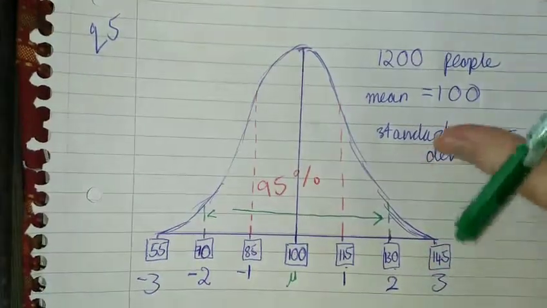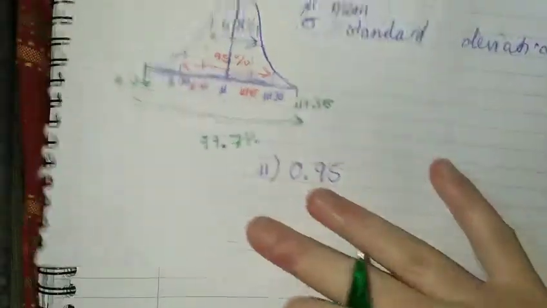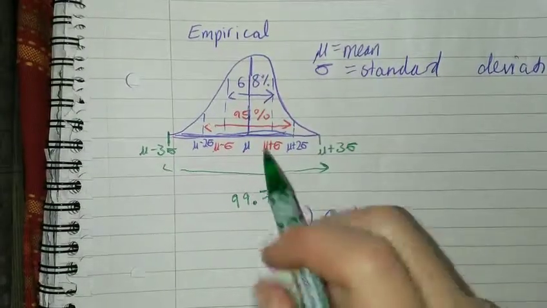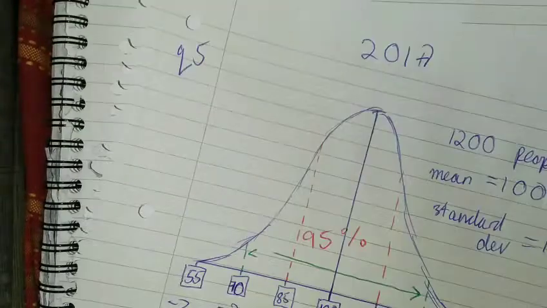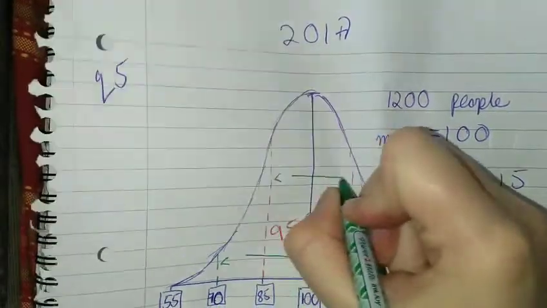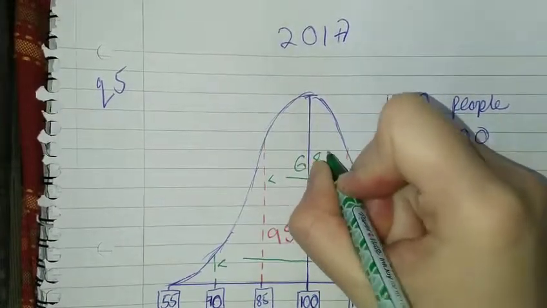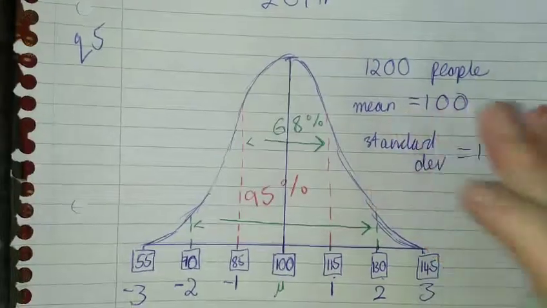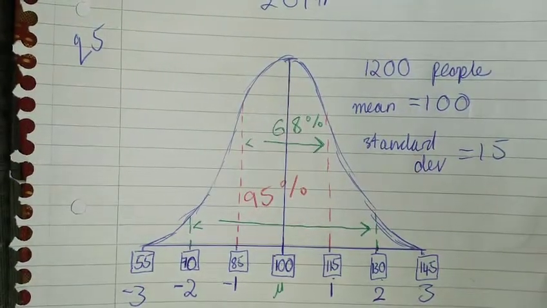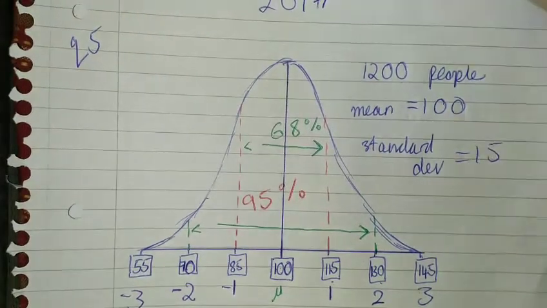So this is within 1 standard deviation of the mean, and within 1 standard deviation we have 68% of all data. So 68% of all of the people lie between 85 and 115.